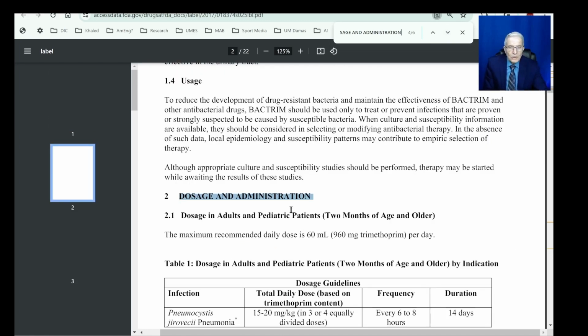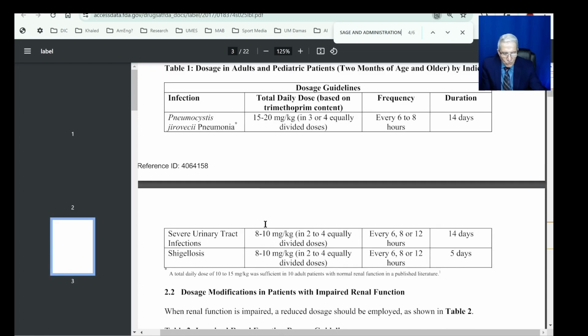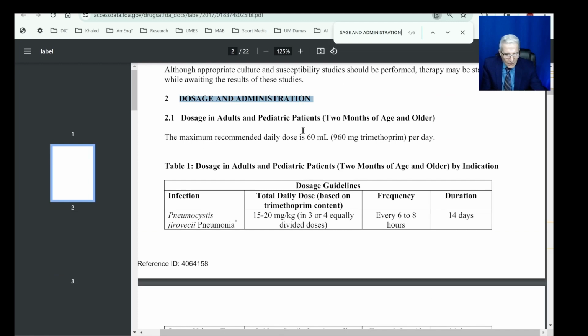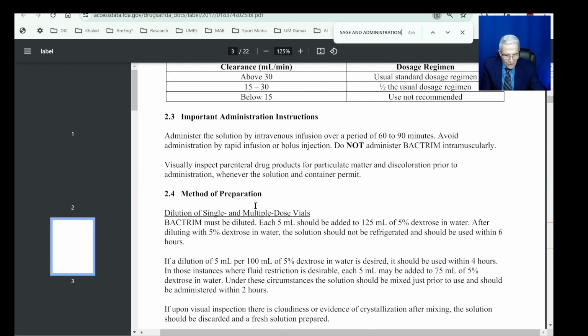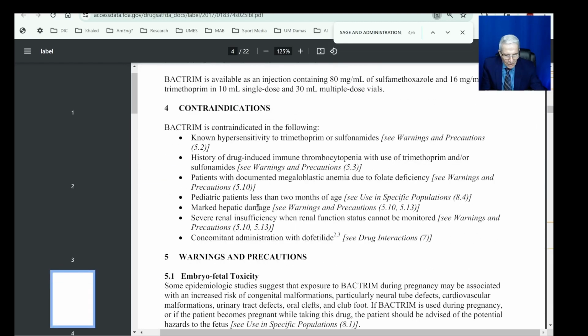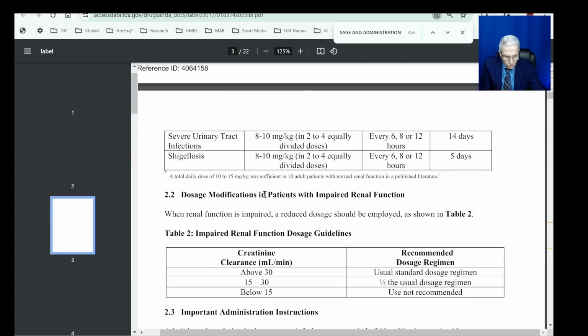Okay, so this one here is for Bactrim sulfamethoxazole. This is for adult and pediatric patients. Patient preparations, and then we have the strengths. I will go back again to look at what we have.